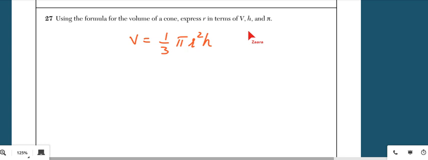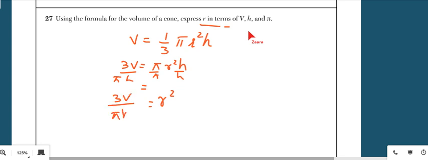Now, what is our target? Our target is to write r in terms of V, H, and pi. So we have to write it for r. What I'm doing is multiplying both sides by 3, so I will get 3V equals pi r square h. Now I am dividing both sides by pi and h. So I will get r square equals 3V over pi h.